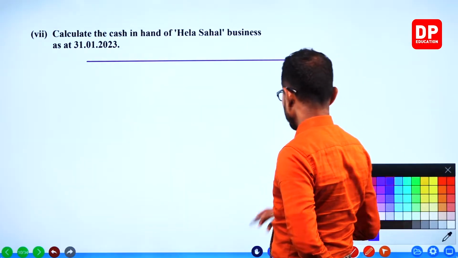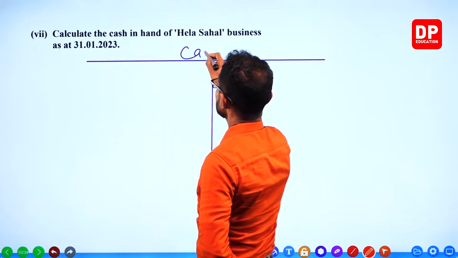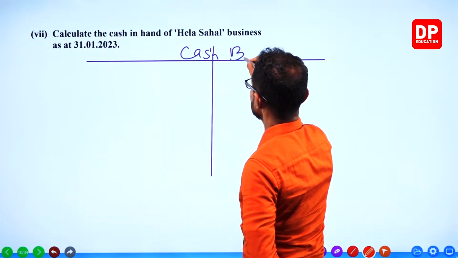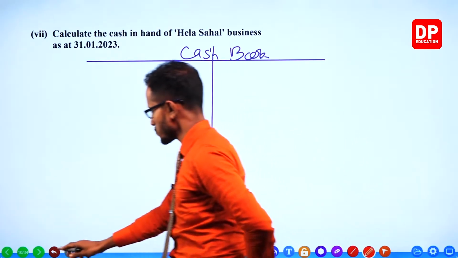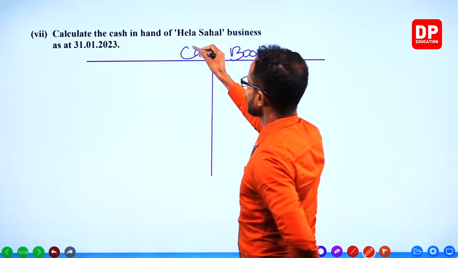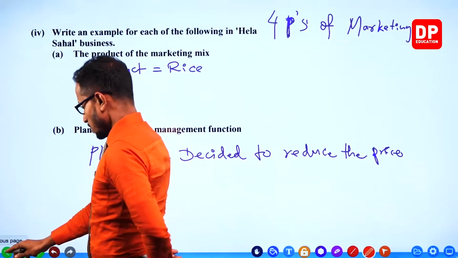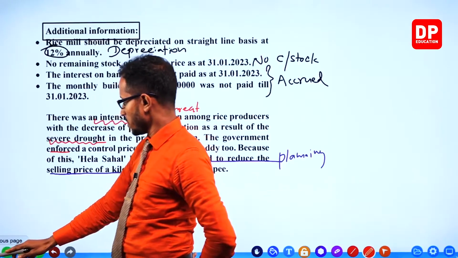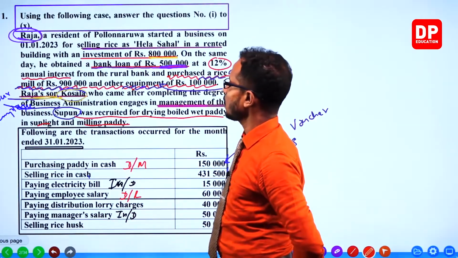It's easy if we prepare a cash book, right? Let's do it the easy way. Cash book of the business. Let's go to the transactions.